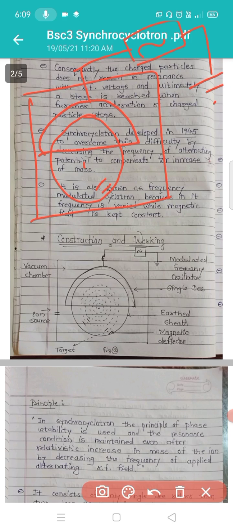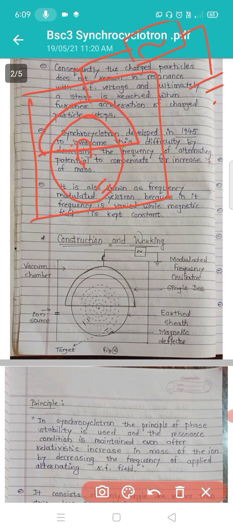The positively charged particles from a suitable source are injected at the center of the sheath. The particle undergoes a circular path under the resonance condition. As in the cyclotron, the RF electric potential applied here is comparatively low compared to that of the fixed frequency cyclotron.